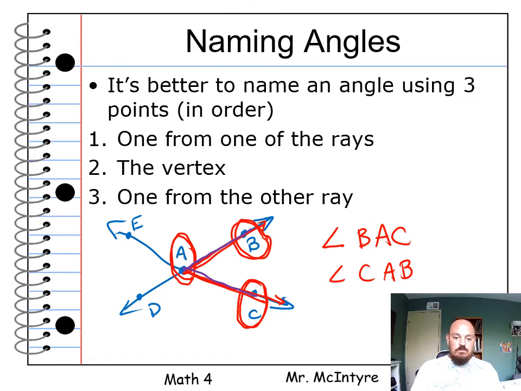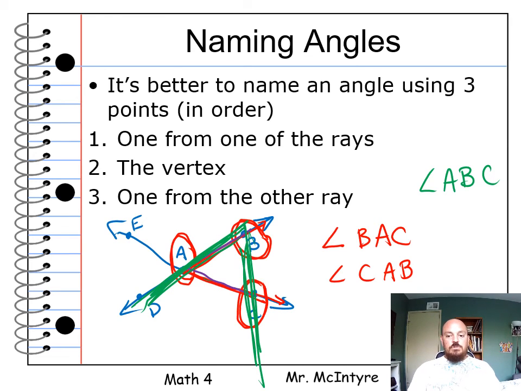Now, if I had said angle ABC, let's say somebody did that. That's actually a common mistake. They go, okay, well, I'm looking at the letters and I see A, B, and C. So let's just call it angle ABC because we like to put the letters in order. Well, then you're talking about a completely different angle because it has to go in order. You're saying, I'm starting here at A, and then I'm going to B, and then I'm going to C. You're actually talking about this green angle right here.